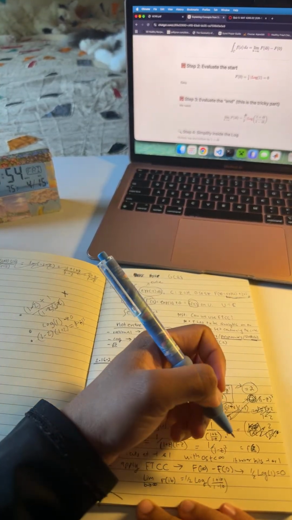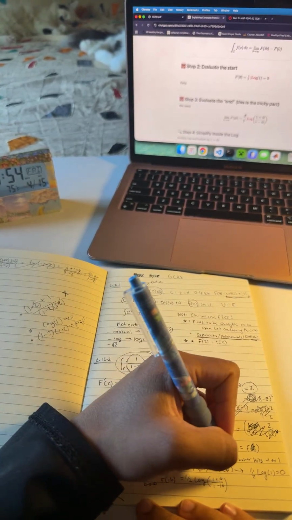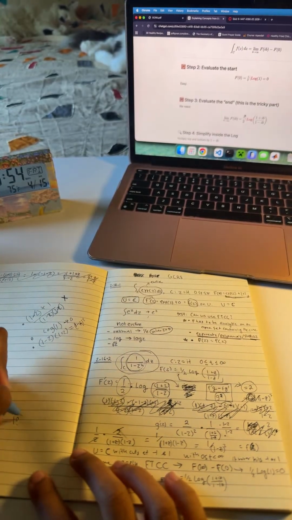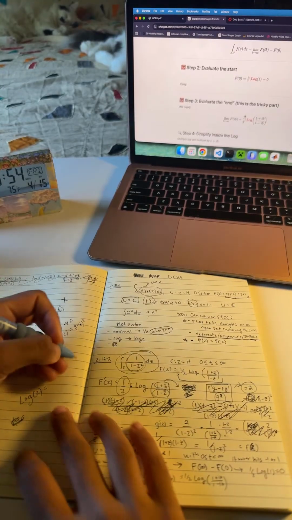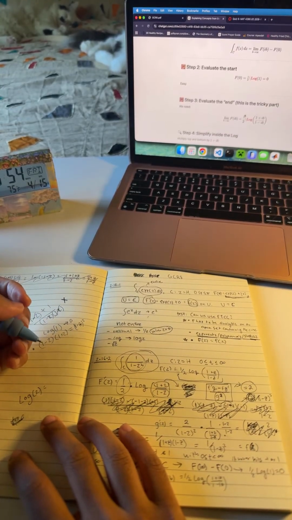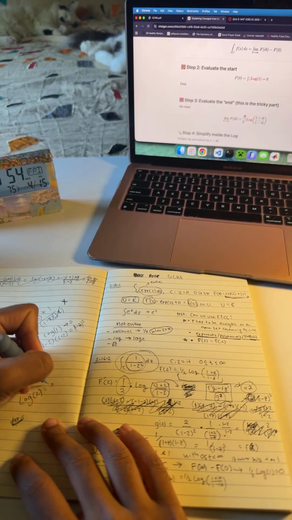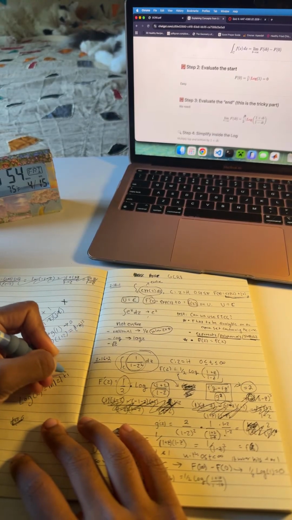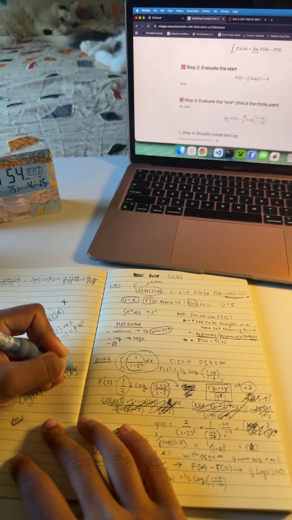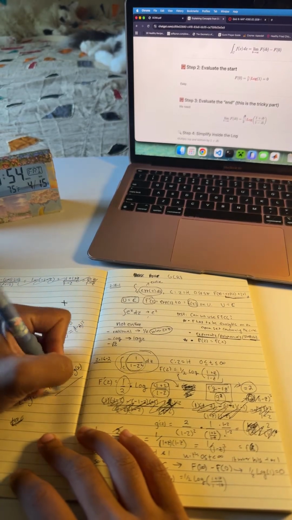So the formula for log z is equal to, what was it? ln of the magnitude of z plus I arg z, right?